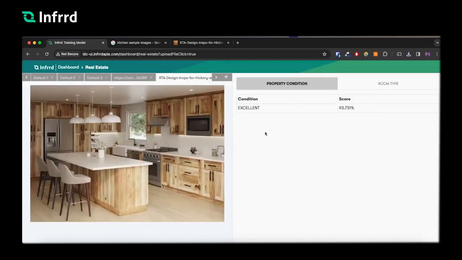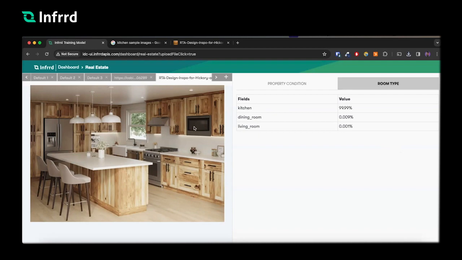So in this case, again, our condition is excellent and the room type is 99.9% probability that this is a kitchen. Confidence score is where, if you upload a document where we know what type of field we expect from a document, for instance, if we are processing a W-2, there is an employer name, we can say that with highest possible confidence, this is an employer.